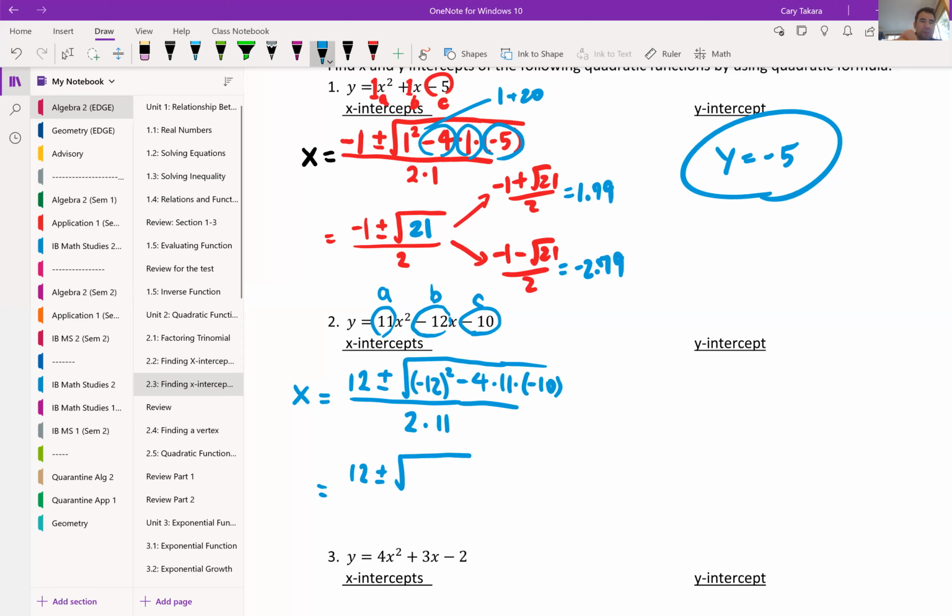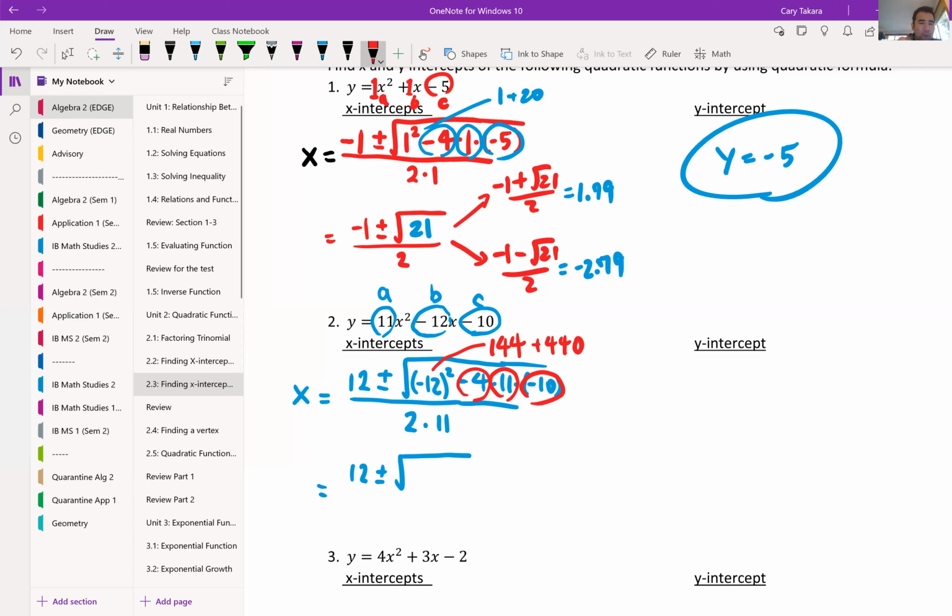So now what do we get? Negative 12 squared is positive 144. And then you're going to do negative 4 times 11 times negative 10. That will be positive value. 4 times 11 is 44, 44 times 10 is 440.